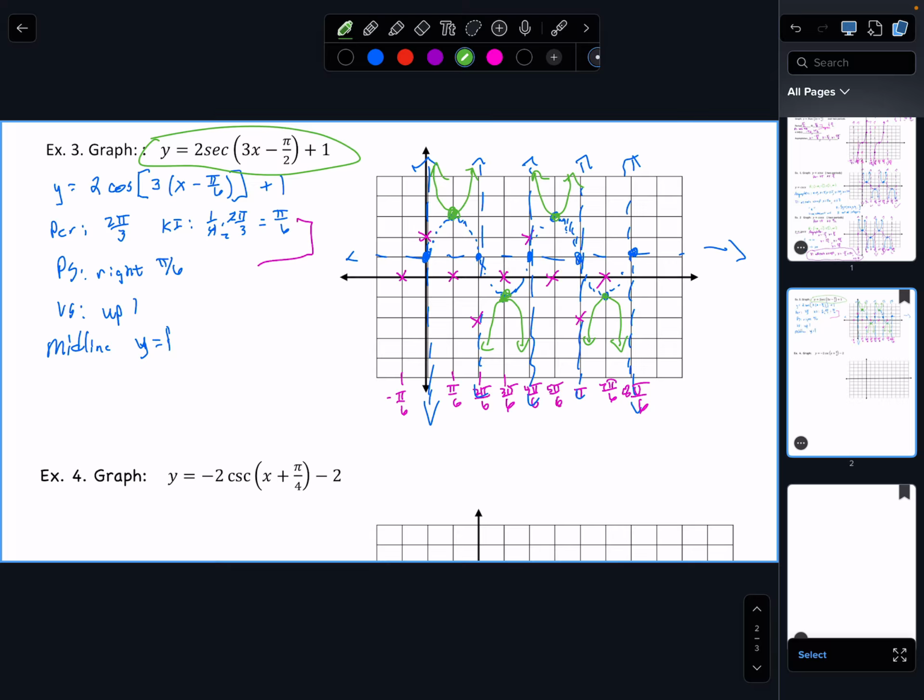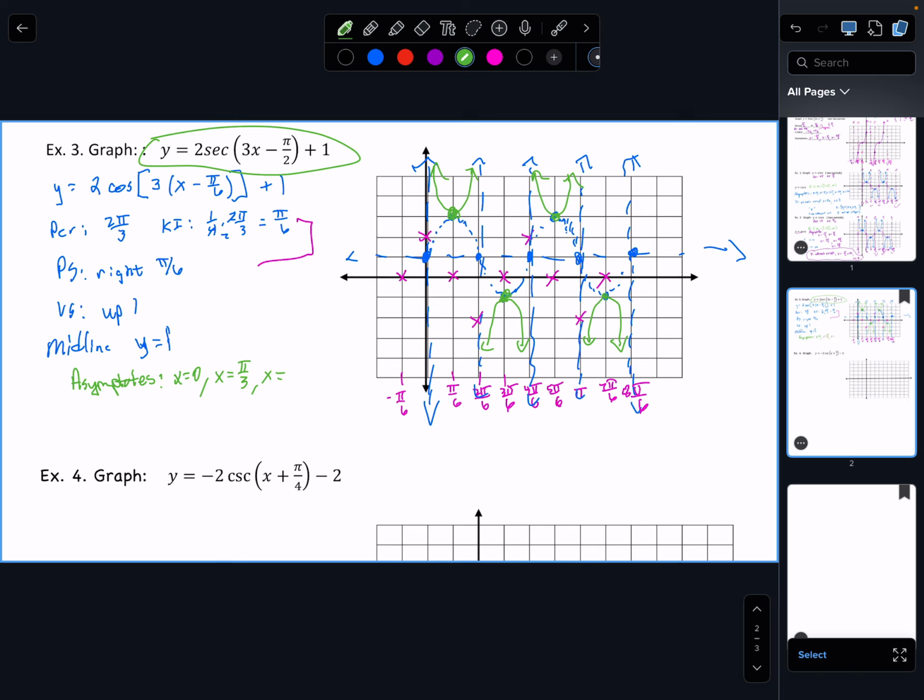All right, and then your asymptotes are at x equals 0 and x equals pi thirds. 2 pi 6 is pi thirds.